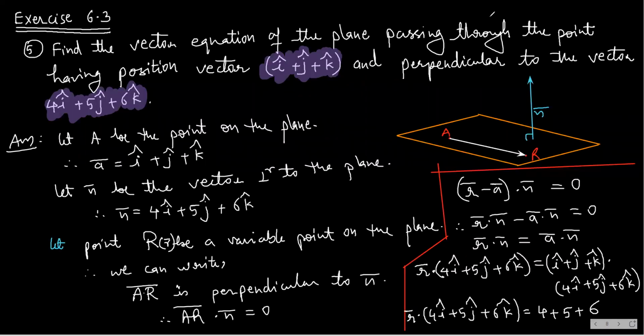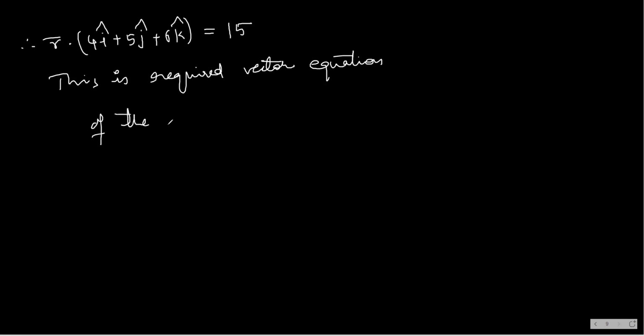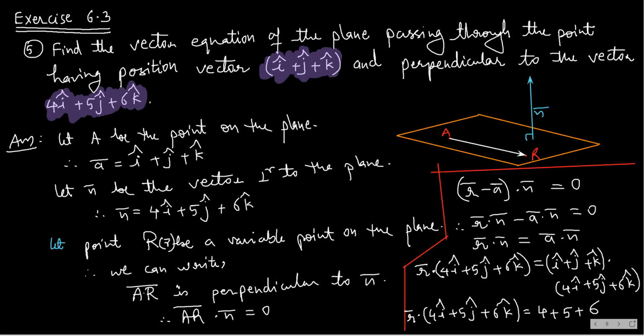Therefore, R bar dot 4I cap plus 5J cap plus 6K cap equals 15. This is the required vector equation of the plane. I hope you followed it. Read this, watch this whole thing again and solve it.